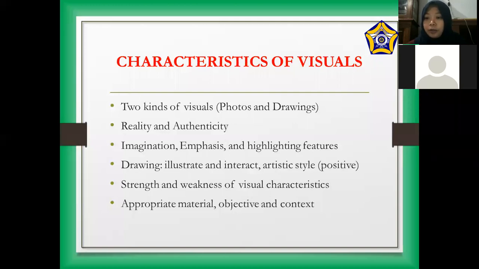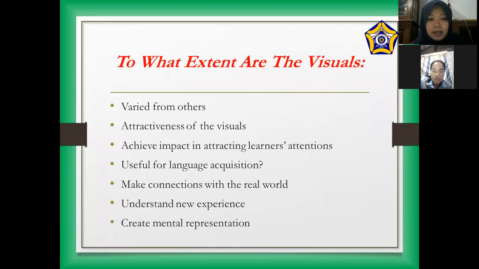There are some characteristics of visual that are always there in the material developments, such as two kinds of visual, photos and drawings, reality and authenticity, imagination, empathy, and highlighting features, drawings such as illustrate and interact, artistic style, strengths and weaknesses of visual characteristics, and also appropriate material for objective and context.